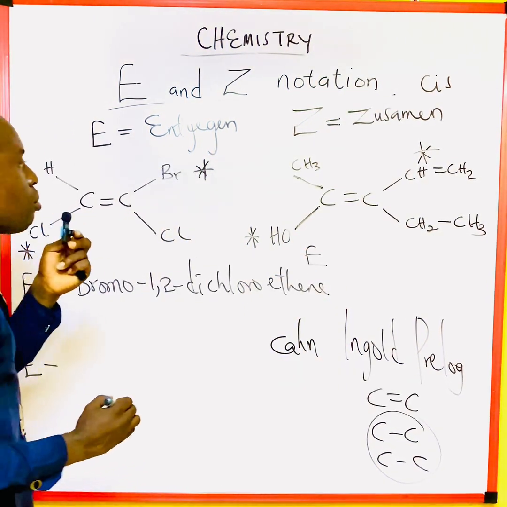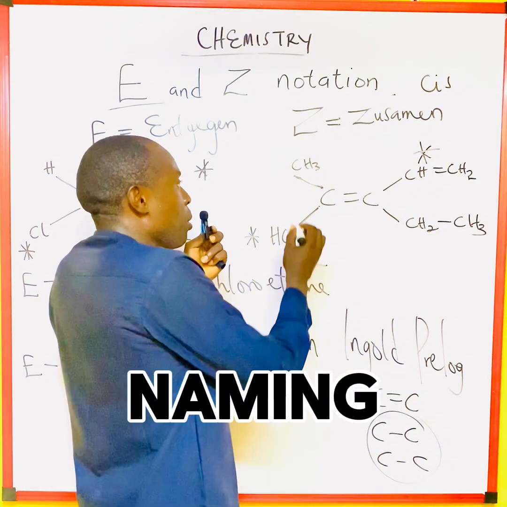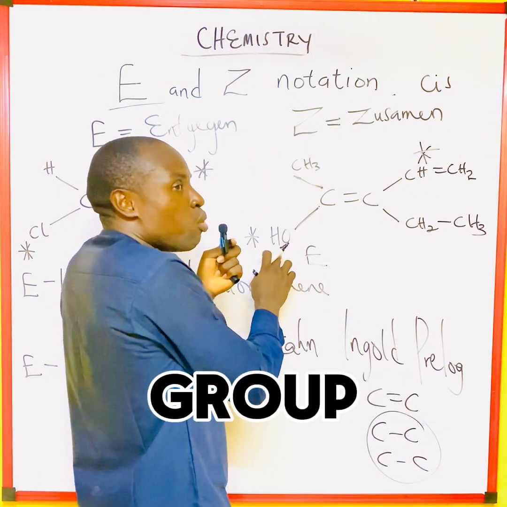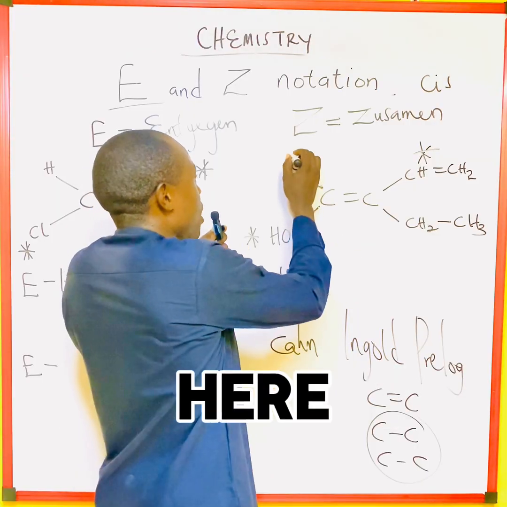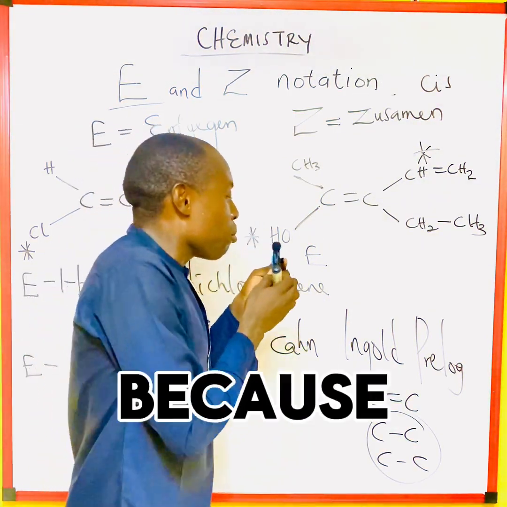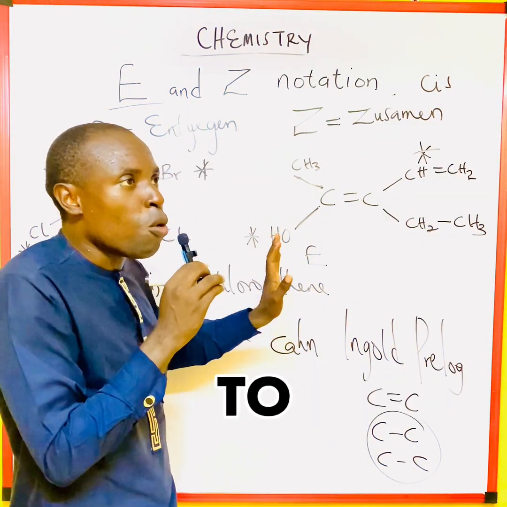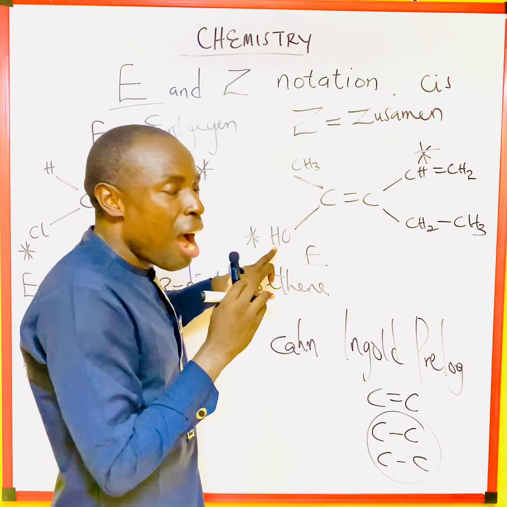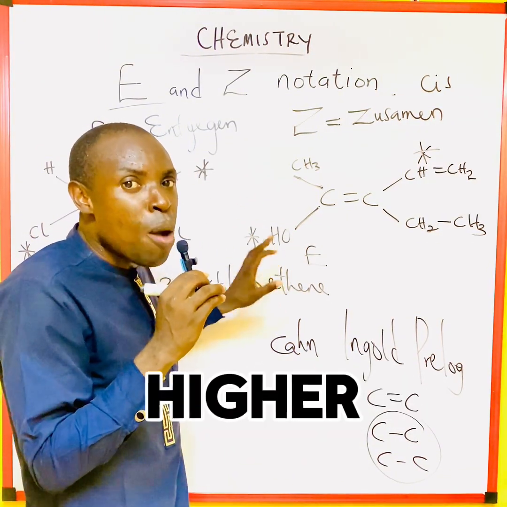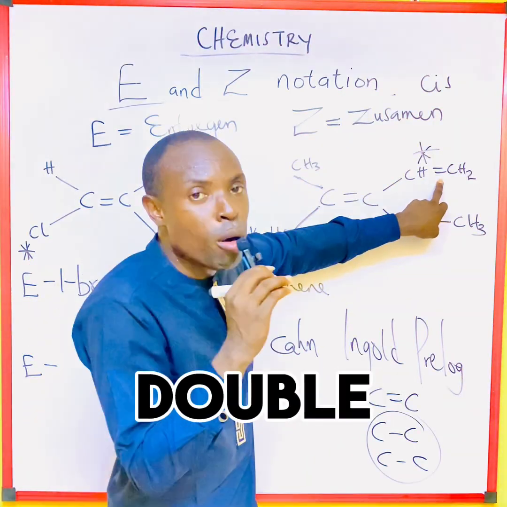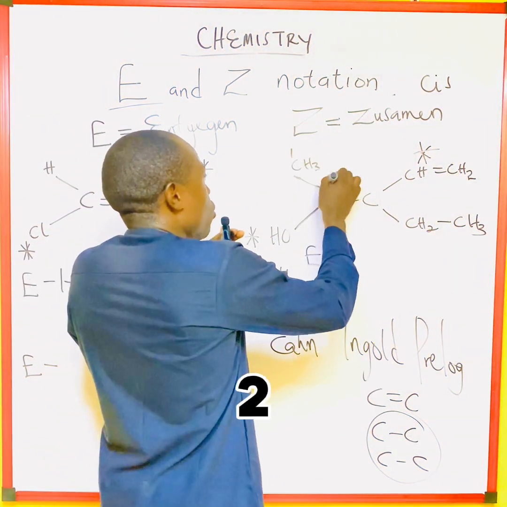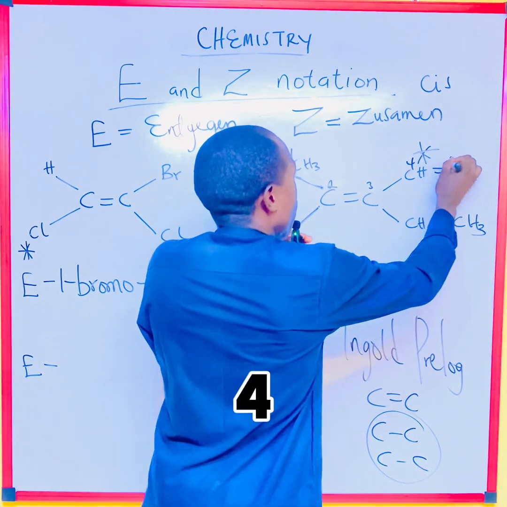Of course, the naming will start from the side closer to the functional group of higher priority. According to functional group priority, the hydroxy group is of higher priority compared to the double bond. Is that clear now? So I assign 1, 2, 3, 4, 5.